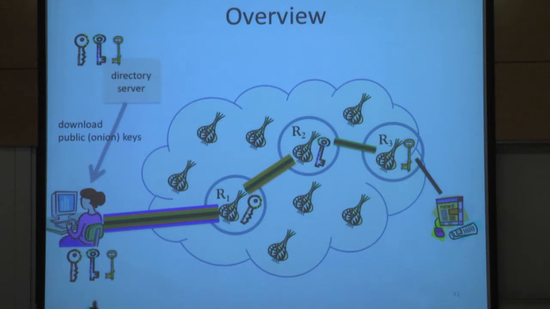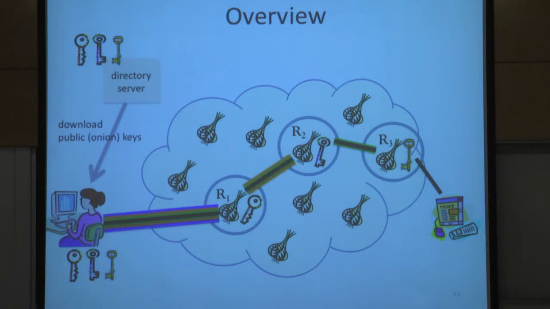But R1 cannot see the destination, R3 cannot see Alice, and R2 can only see that something is going from R1 to R2.